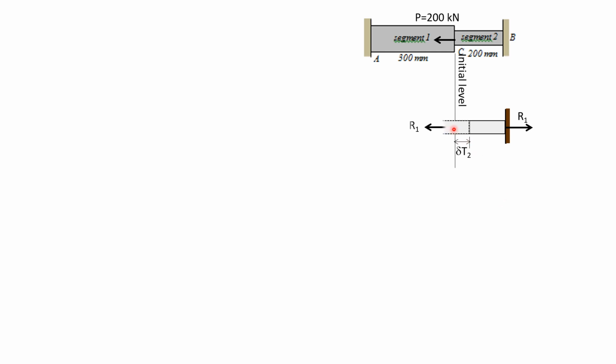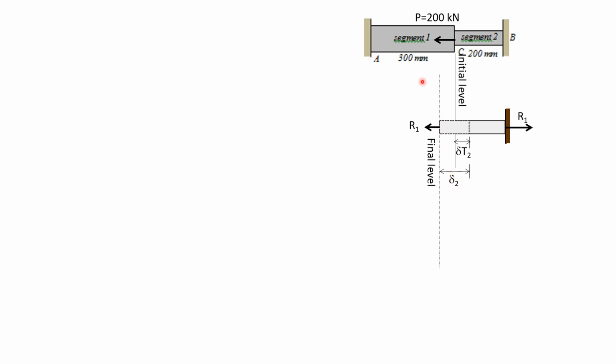Then this is also R1. Because of the stress due to R1, which is tensile, it should elongate greater than delta T2. From this position up to that is delta 2. So this should be the final level for segment 2.